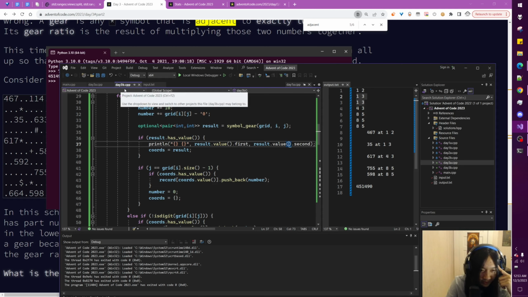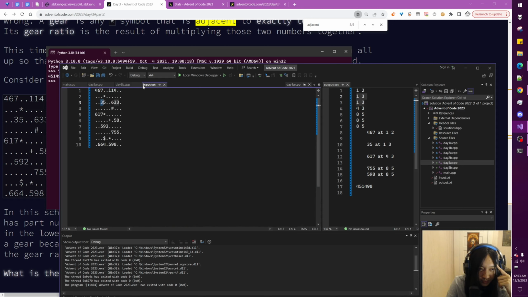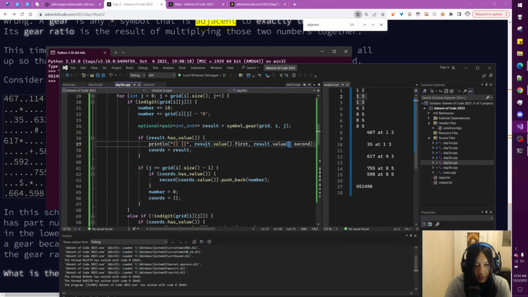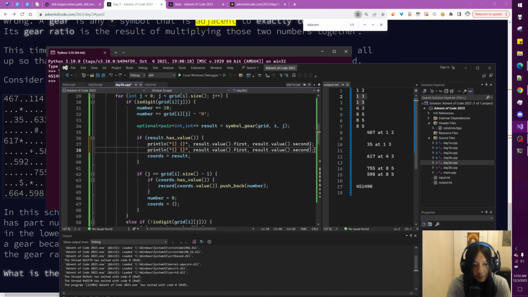Wait, let's think. Where does 1 and 2 come from? That one makes no sense. That's here. That's not the right answer. And this actually corresponds with... Well, let's find out where we're getting each of these values from.